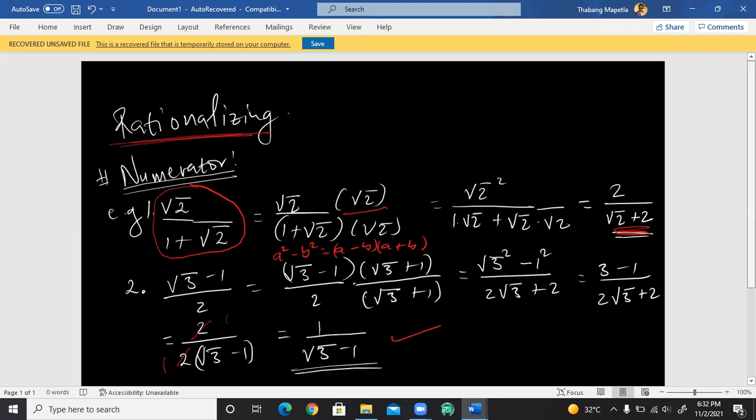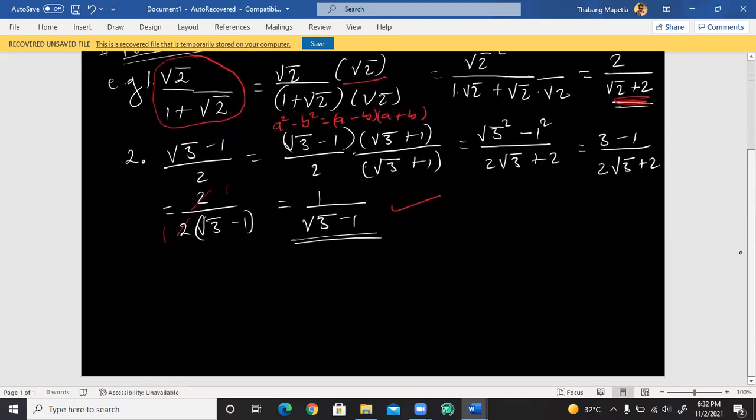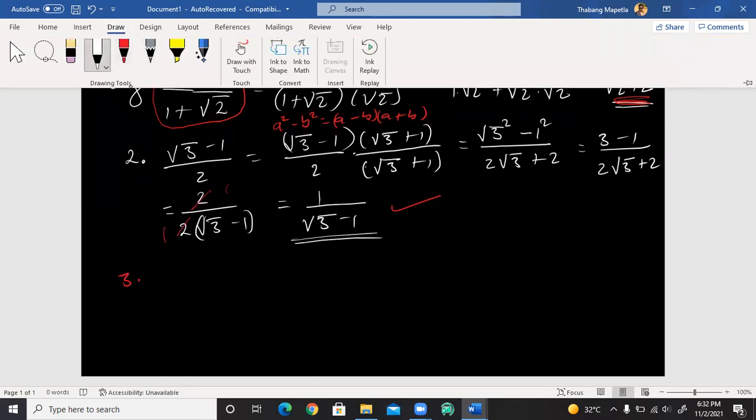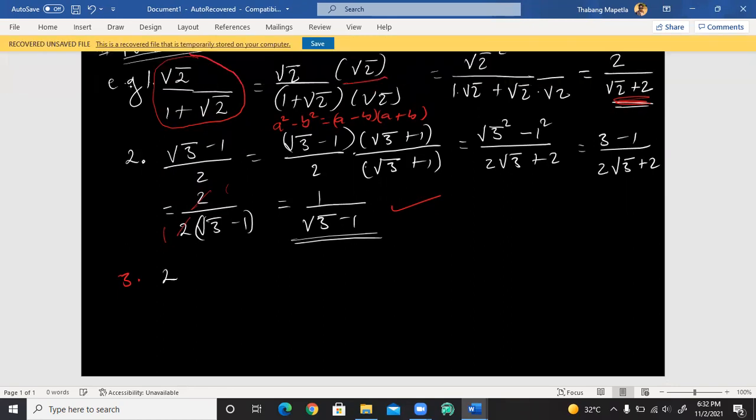And the next one, let me change color, we can have something like 2 plus root 5 over 3. We do the same.